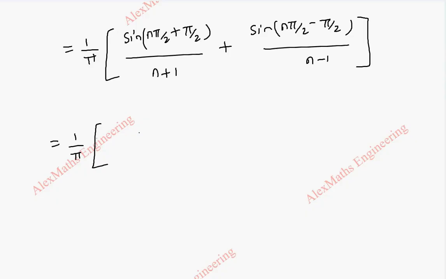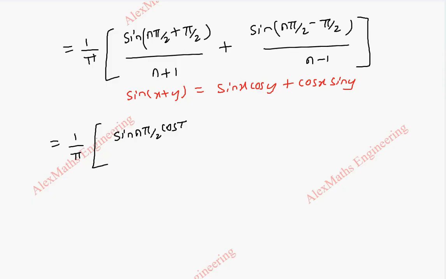I write the formula here: sin (x plus y) is sin x cos y plus cos x sin y. So sin n pi by 2 cos pi by 2 plus cos n pi by 2 into sin pi by 2, this whole division, we have n plus 1.